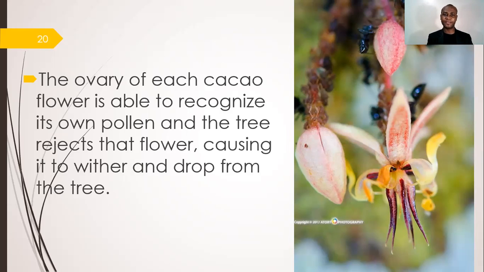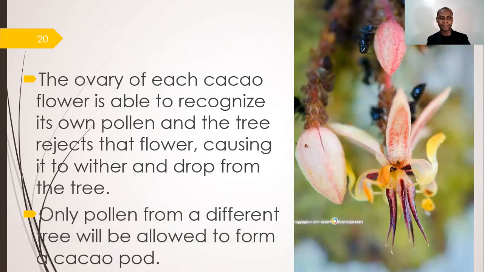And when that happens, the tree rejects that particular flower. So the flower withers and it falls down. So only pollen from different trees will be allowed to form a cacao pod.